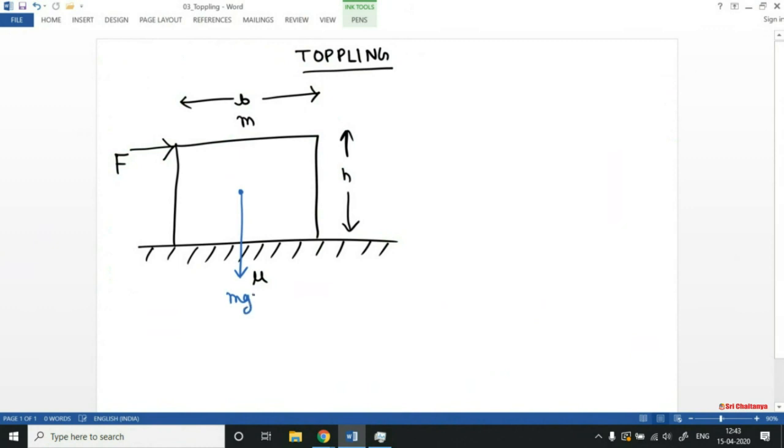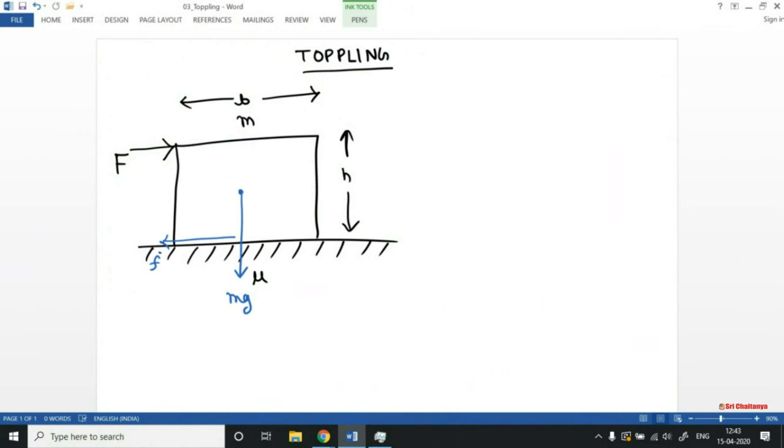So this is mg, and since this block has a tendency to move in the forward direction, there would be a backward friction f. And there would be a vertically upward normal exerted by the ground on this block. Definitely its magnitude will be equal to mg, but we do not know the line of action of the normal right now, because we will also be looking at the rotational equilibrium of this block.